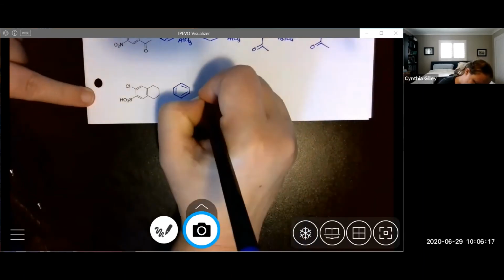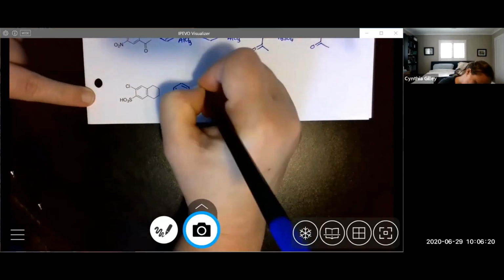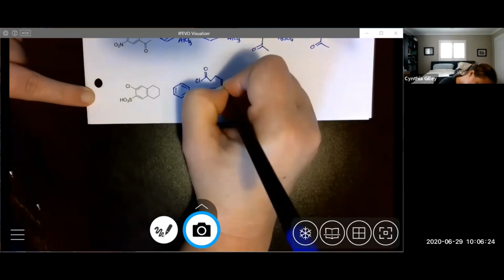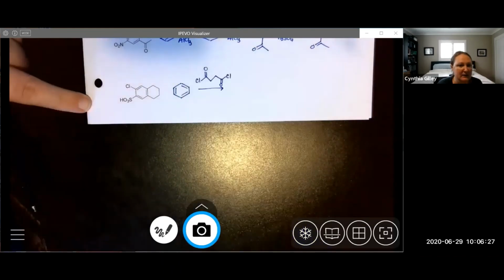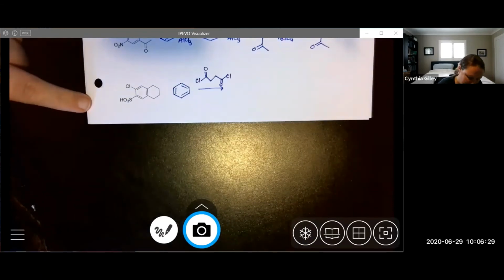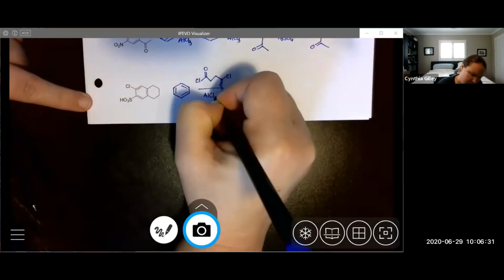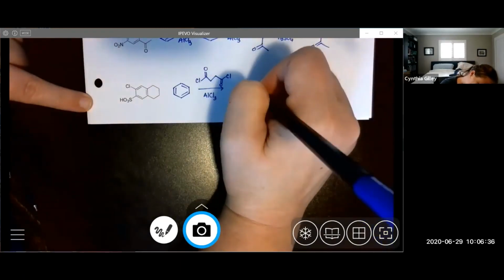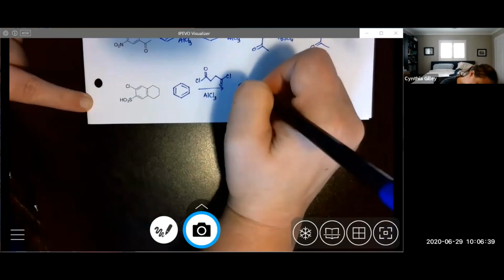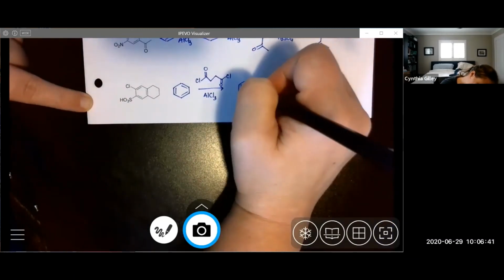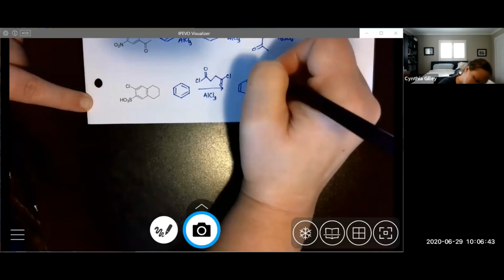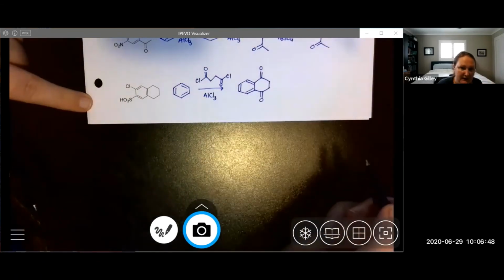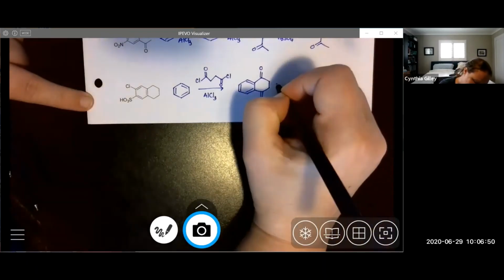So it's actually best to do a double acylation. It has more steps this way. It happens once and then it happens on the other side. It's more steps because then now I have to reduce those two.